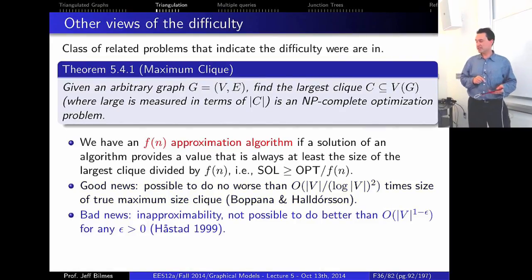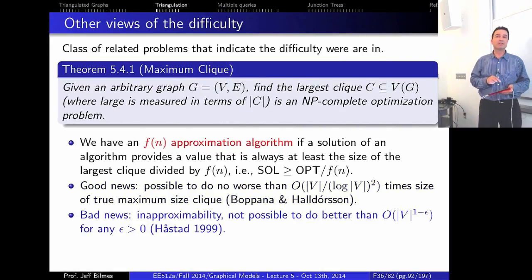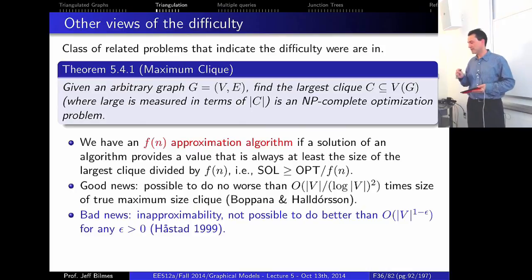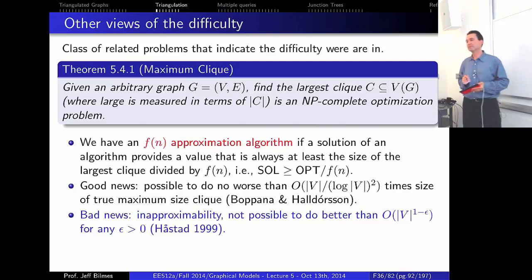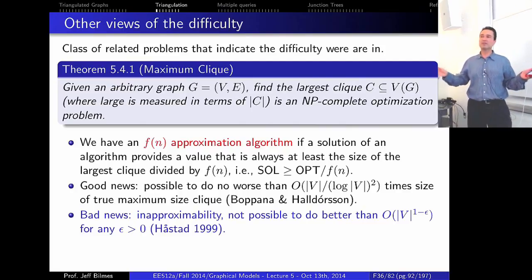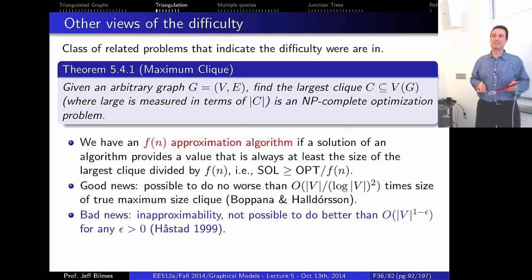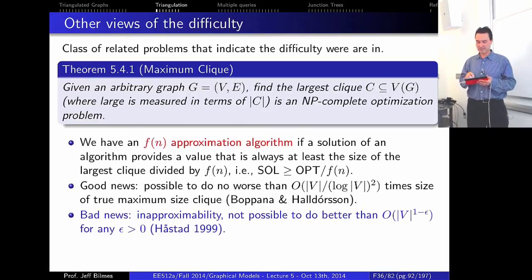But the bad news is that it's inapproximable to do better than order n to the 1 minus epsilon for any epsilon greater than 0. So basically the Boppana and Halldórsson result is tight. That's the best you can possibly do. So it means that it's order n inapproximable, to put it very simply. As the number of nodes grows, you're going to do worse and worse and worse. It's not a constant factor approximation algorithm.